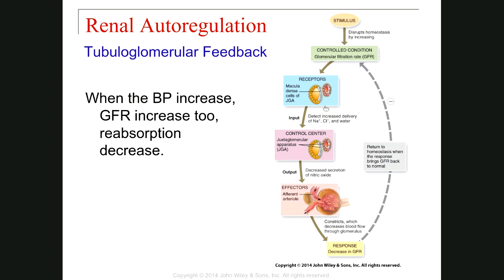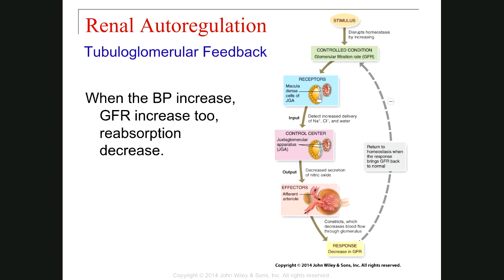If you remember from kidney anatomy, I told you that when the distal convoluted tubule and the afferent arteriole come near each other and attach to each other, we have the apparatus which we call the JG apparatus or juxtaglomerular apparatus. The cells which we have in the wall of the distal convoluted tubule are called macula densa. It can provide a feedback to our glomerulus.